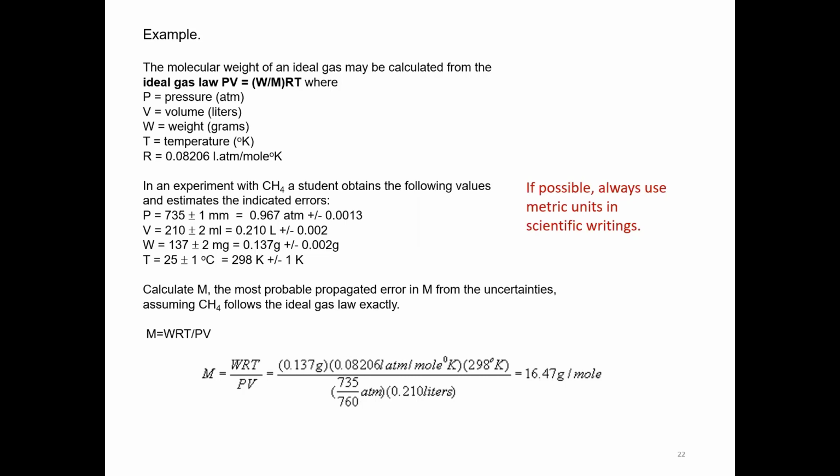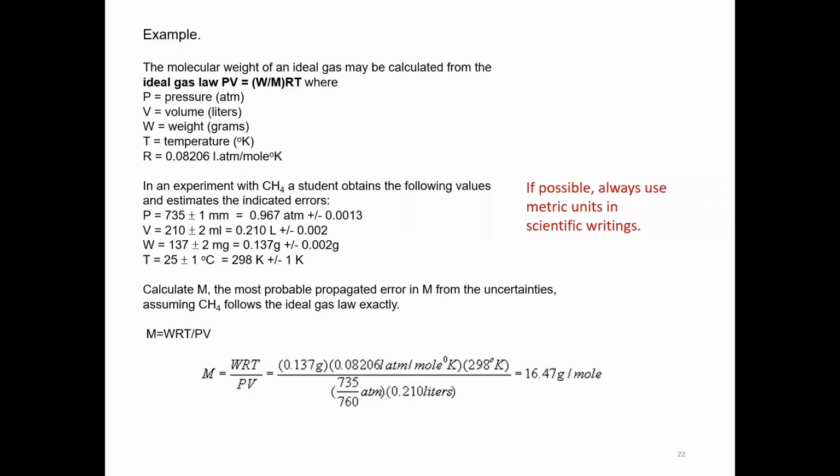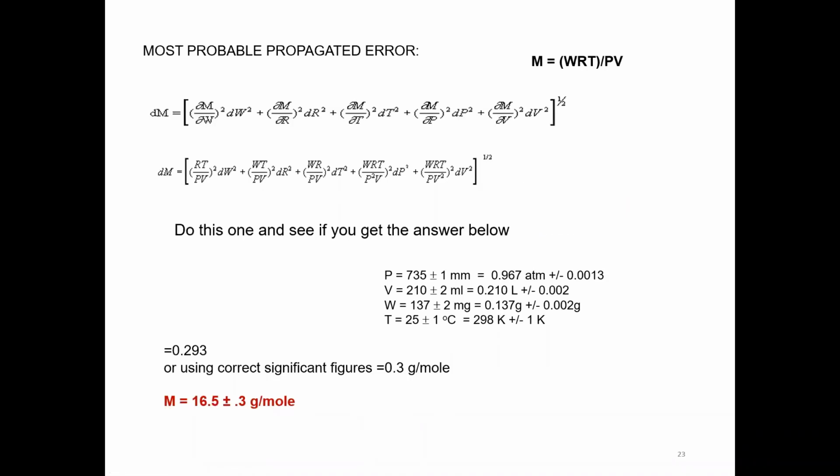So now let's look at the propagated error. Look at our measurement: there are four different variables we need to measure. So we need to calculate their individual partial differentials and add them together.